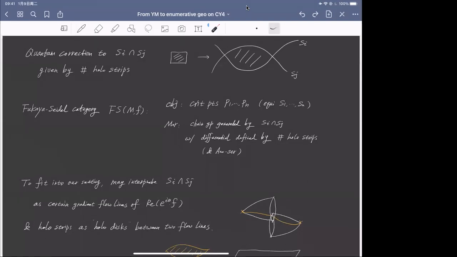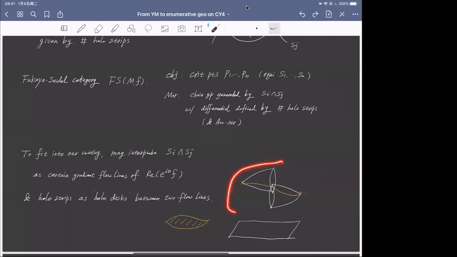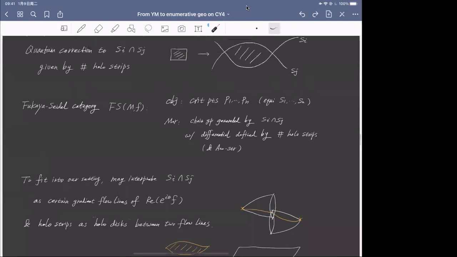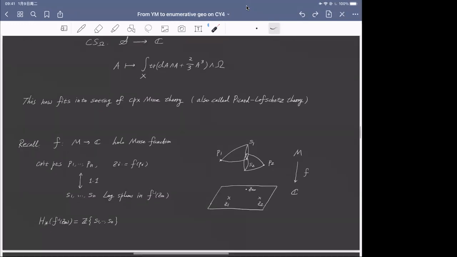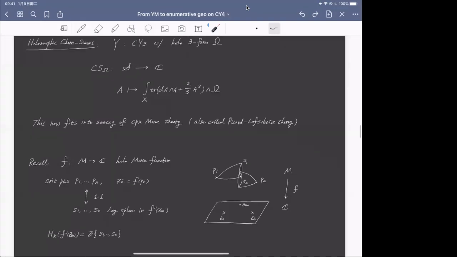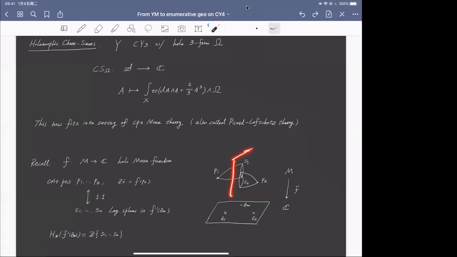Let's look at the picture again. Our setting means the holomorphic Chern-Simons setting. In this finite dimensional complex Morse theory setting, we need to consider some fibers of these generic points and do Lagrangian Floer theory in these symplectic manifolds.